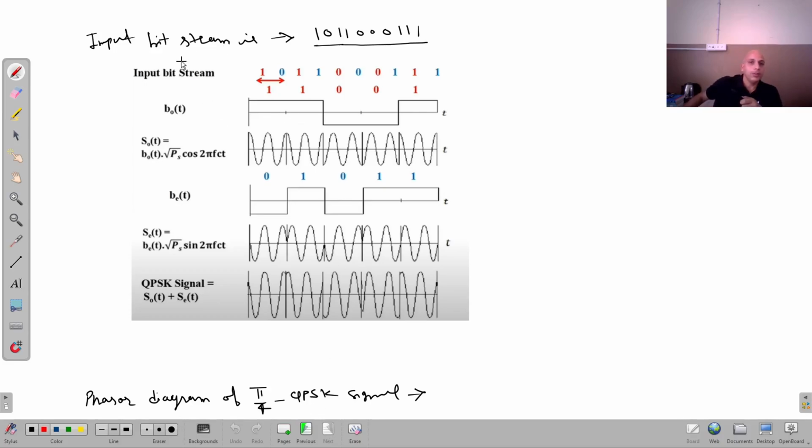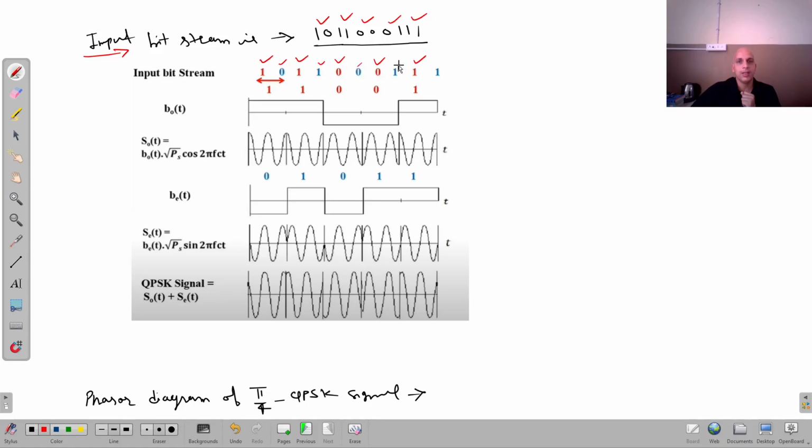Now you can see here one more example in this diagram. In this case I have taken the input bit stream as 1 0 1 1 0 0 0 1 and 1 1, right? It is represented here, these are odd bits and in blue they are even bits.